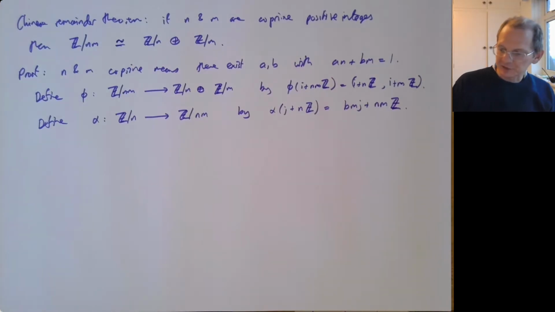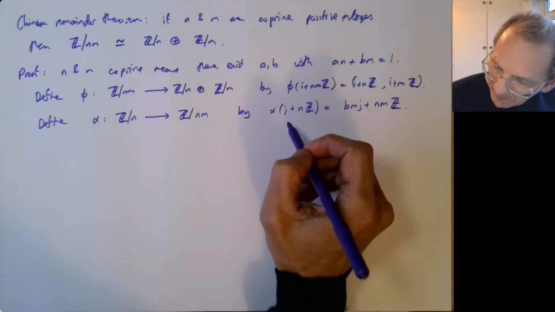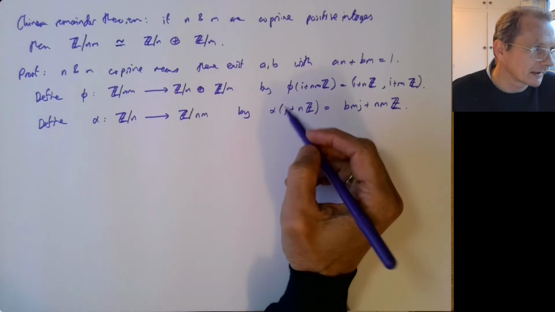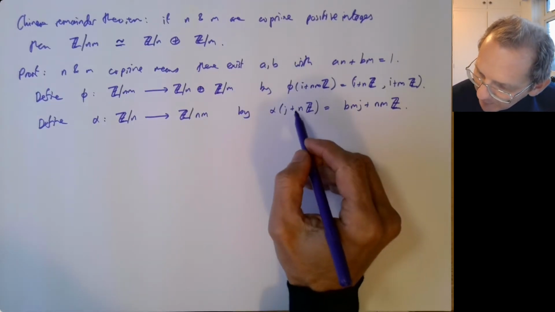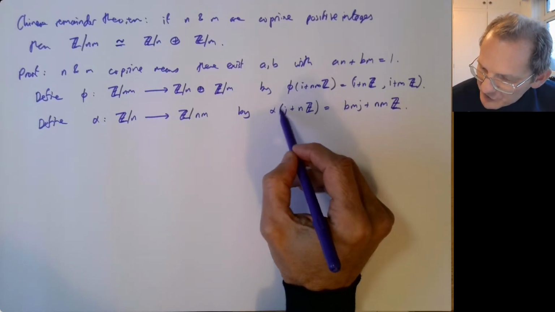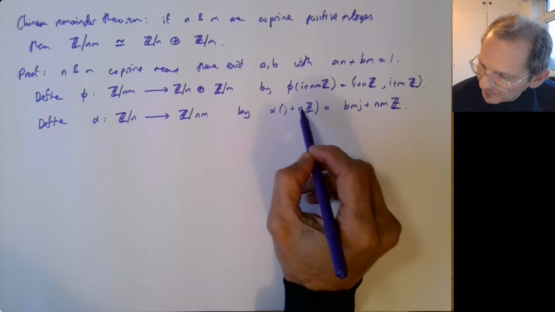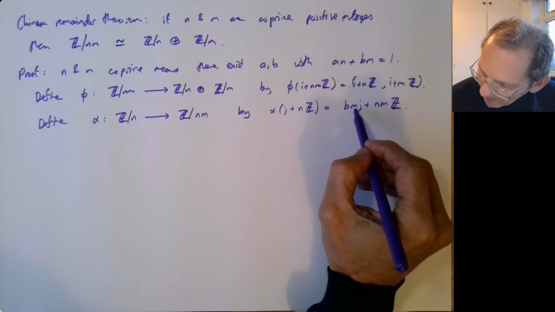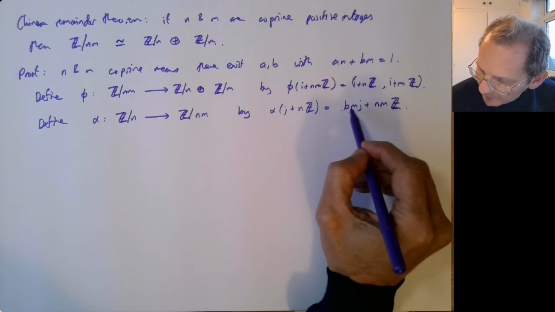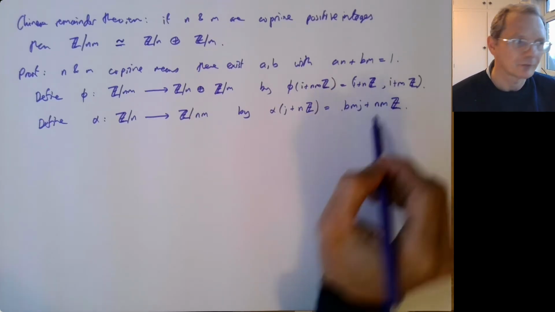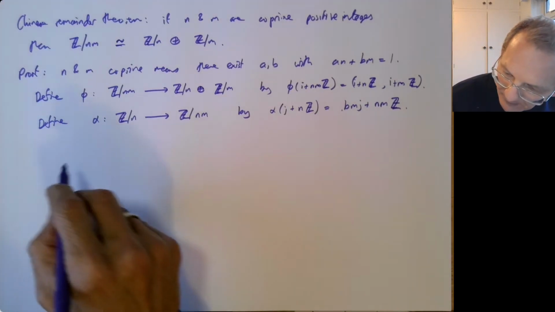So again, we need to check that this is a well-defined rule. This is, if you like, an application of the lemma we had a moment ago, or you can just see directly if we change j to any other representative of j, it differs by a multiple of n. And then you're multiplying it by m here, so that gives you something divisible by nm, so you don't change the coset on the right hand side.